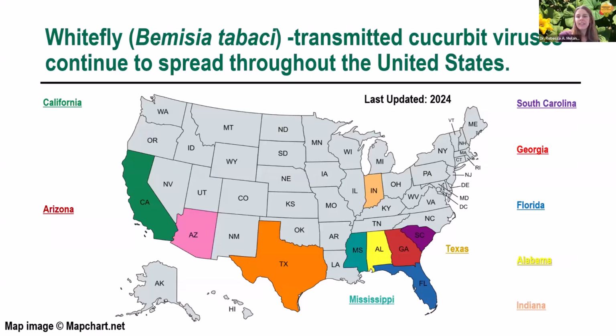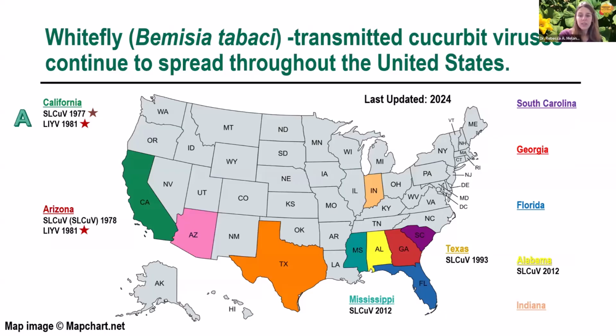If you look at how these viruses emerged in the United States, we started with squash leaf curl virus in 1977 in California. This virus eventually spread to Arizona and eastward. Then we had lettuce infectious yellows virus that was described in California and Arizona in 1981.